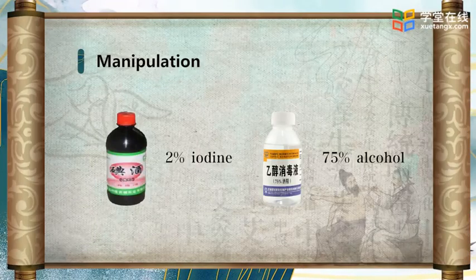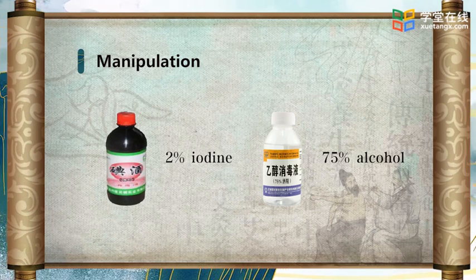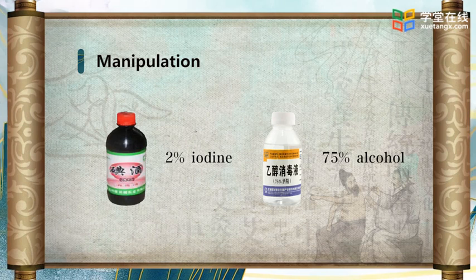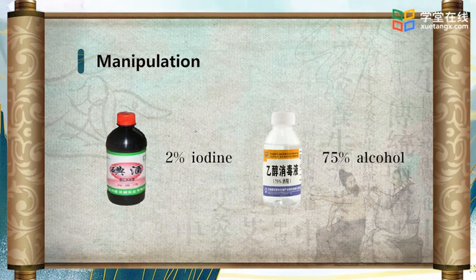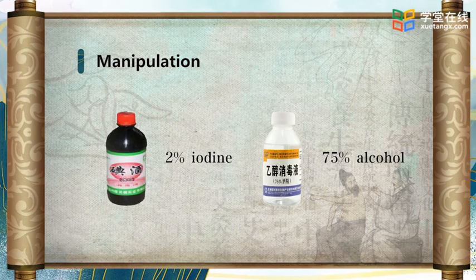Secondly, besides disinfecting the needles and the doctor's fingers, the auricular points should be swabbed with 2% iodine, and then wiped with 75% alcohol as routine asepsis. After that, we need to consider the specific operation method of auricular therapy.